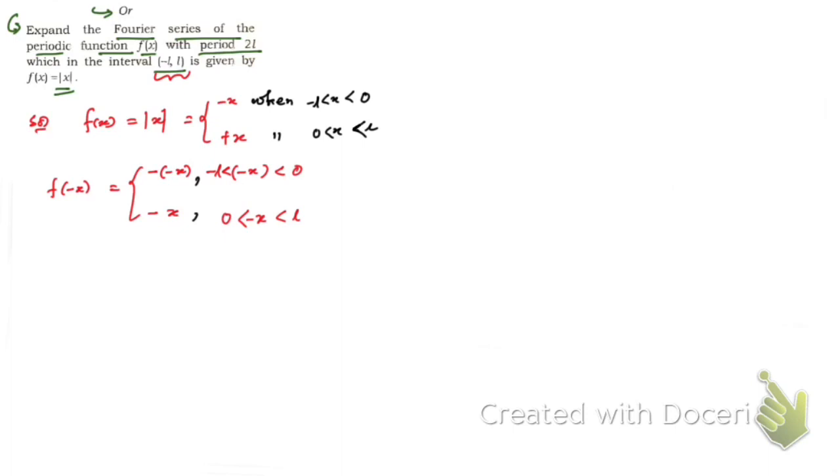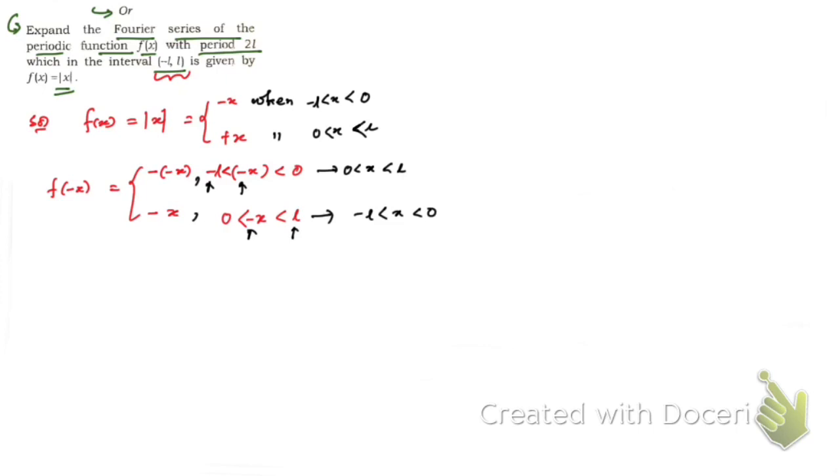So you see, you can change the interval. Here if you change the sign, then you will get x greater than 0 and less than l. And then if you change the sign of these two, what you will get is x greater than minus l and less than 0.